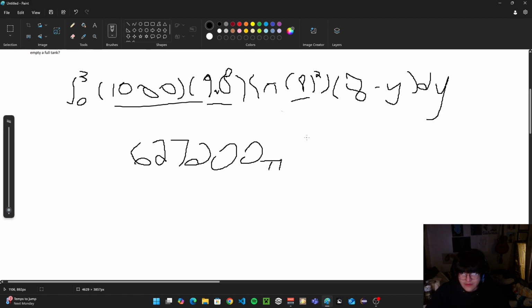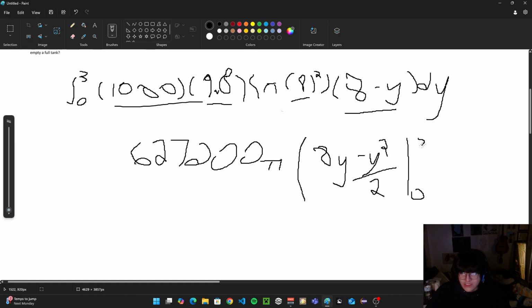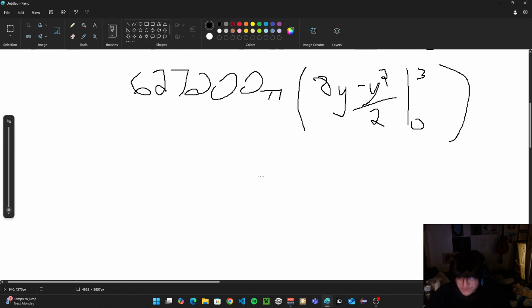Then we find the antiderivative of 8 minus y, which should just be 8y minus y squared over 2, from 0 to 3. When we plug in 3, we end up getting 39 over 2.